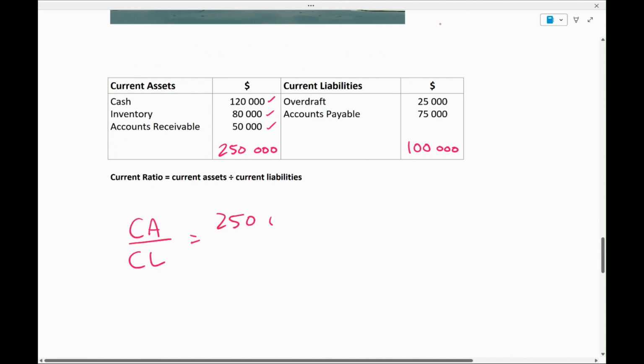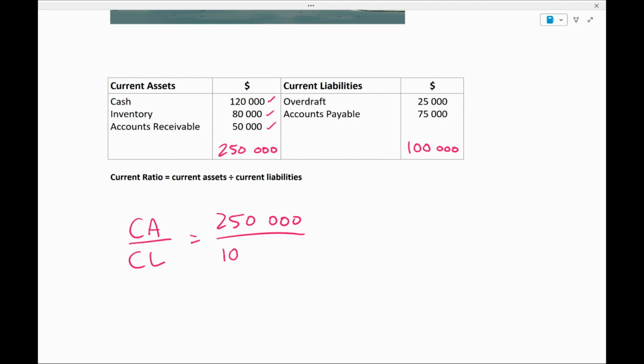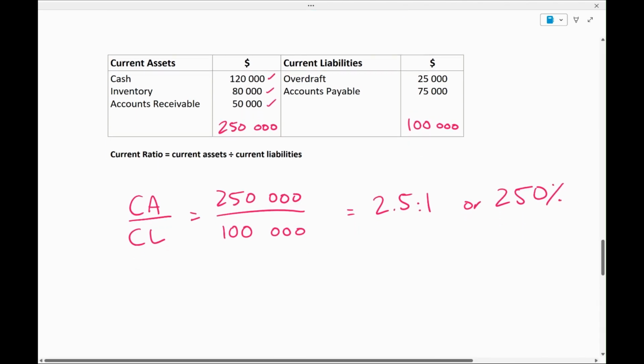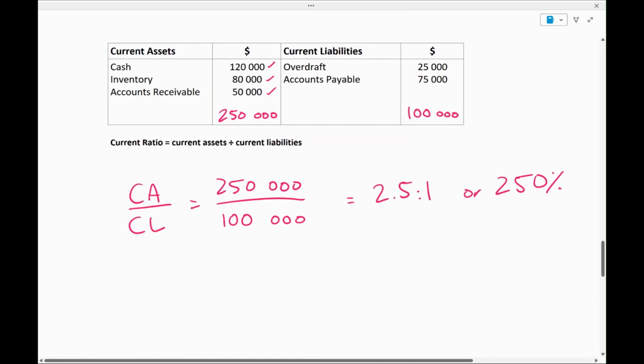So 250,000 over 100,000 is 2.5 to 1 or 250%. So that looks fantastic. They've got plenty of current assets to cover these current liabilities and pay off the $100,000. They'll have $150,000 left over in working capital.